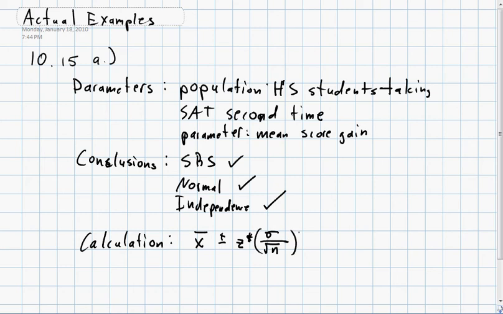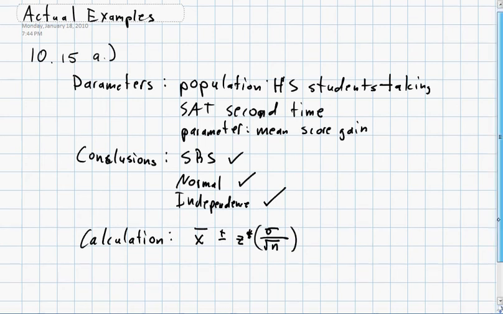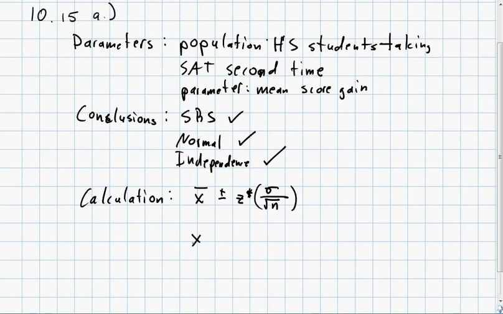That's our formula. In this case, our x bar is 22, plus or minus our critical value.